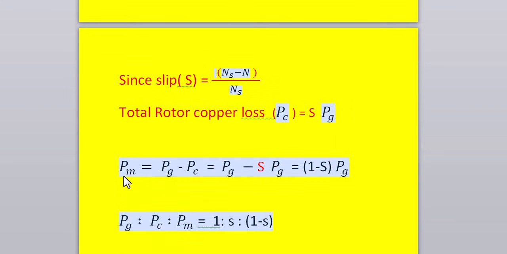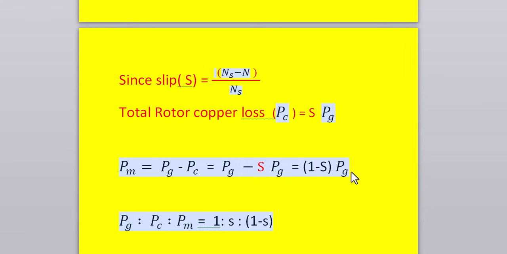Then, having known the mechanical power developed in the rotor, the equation can be written like this: rotor input minus rotor copper loss, which is represented by Pc, that is Pg minus Pc. But this Pc can be written in terms of the rotor input and slip like this: S into Pg.